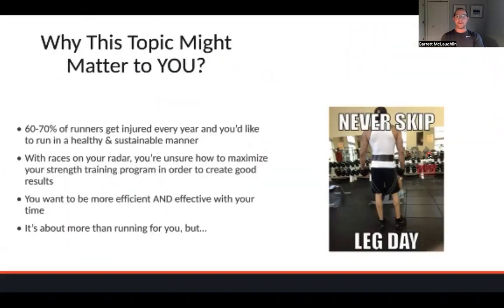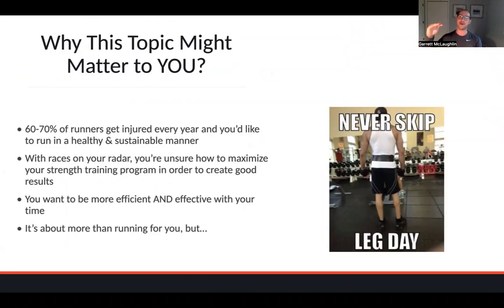So why this topic might matter to you: like I said a second ago, 60 to 70% of runners get injured every year. So if you want to run in a healthy and sustainable manner, strength training should probably play a role in that in some way. Not to be negative or a Debbie Downer, but our bodies tend to decline every decade of life, right? After our second or third decade.